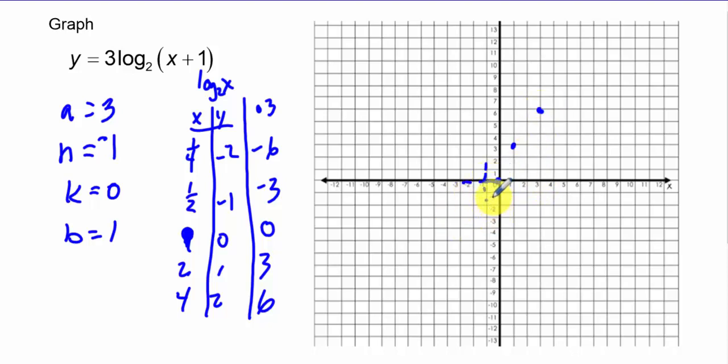Half down 3, quarter down 6. It doesn't flatten out quite as much, still have our asymptote, but this time it's at negative 1.